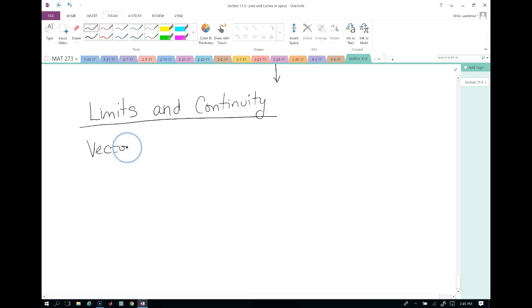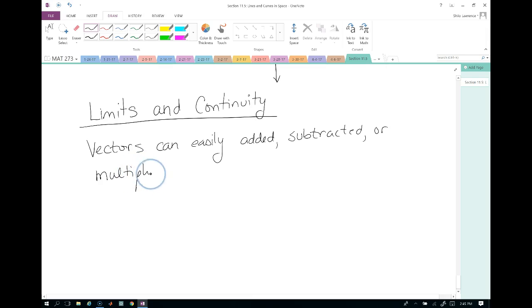So we've learned that vectors can be added, subtracted, and we can do scalar multiples very easily. And we spent our first few sections of this chapter showing how to do that algebraically and also graphically.